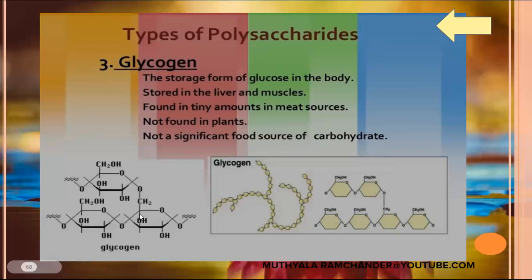The minimum molecular weight of glycogen is found to be 50 crores. The actual weight of glycogen inside the tissue may be higher than this.